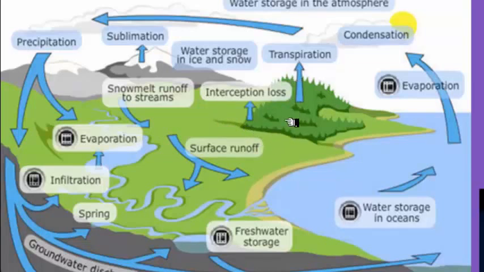Plants use water from the ground, and they use it in the process of photosynthesis. At some point in the process, they transpire it back into the atmosphere, also in the form of gas, and we call that process transpiration. Also, interception loss happens through the process as well.